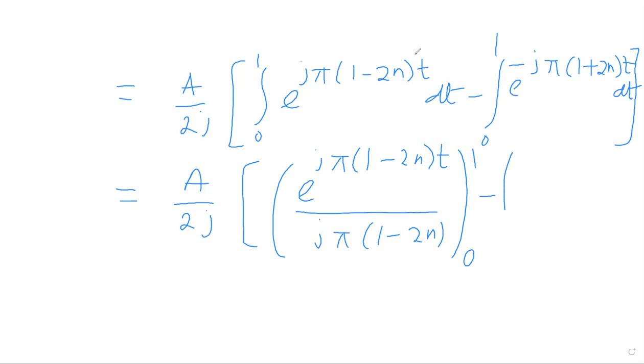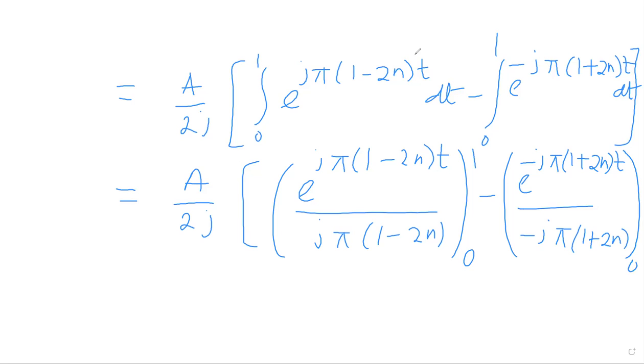The second one will be e to the power minus j pi into 1 plus 2n, t, upon minus j pi into 1 plus 2n. This also has limits 0 and 1. So that is the result.